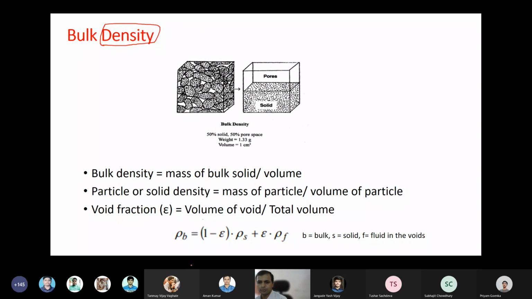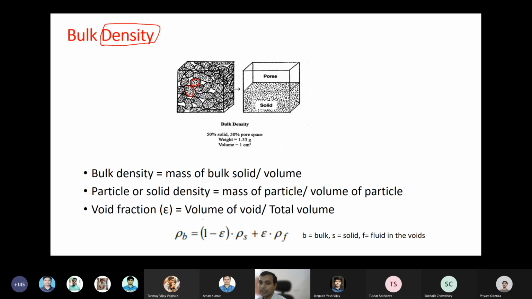Right. So bulk density. We know density is mass by volume of a particle. But let's say this is one particle, this is one solid, and this is another solid. We pack all the solids in a container.